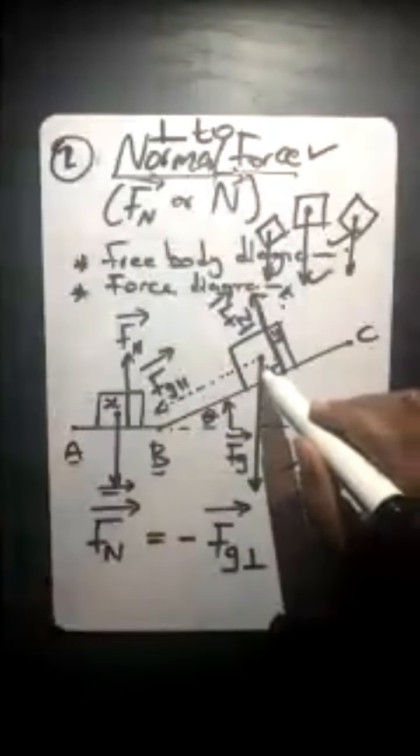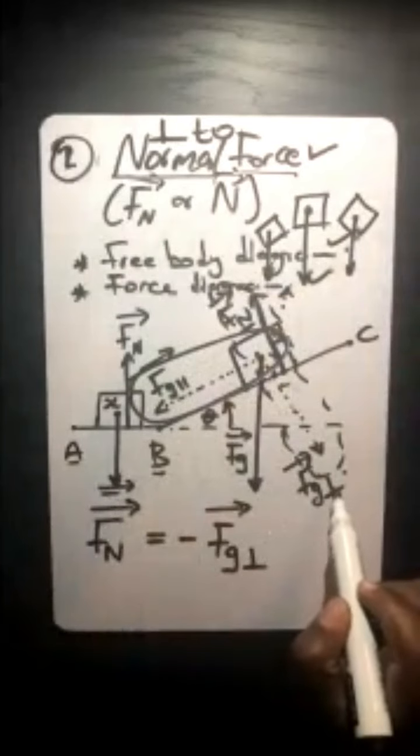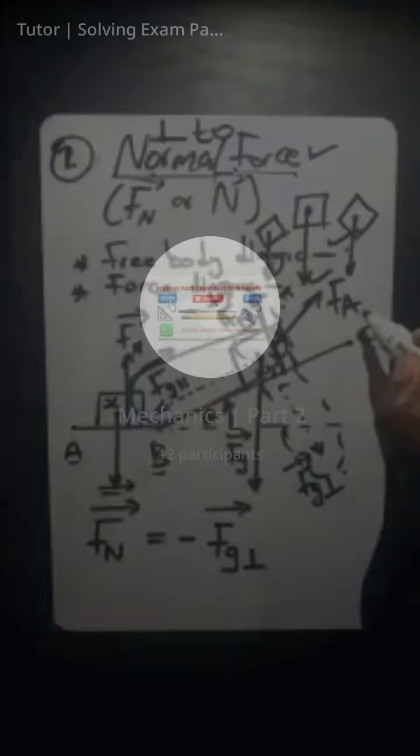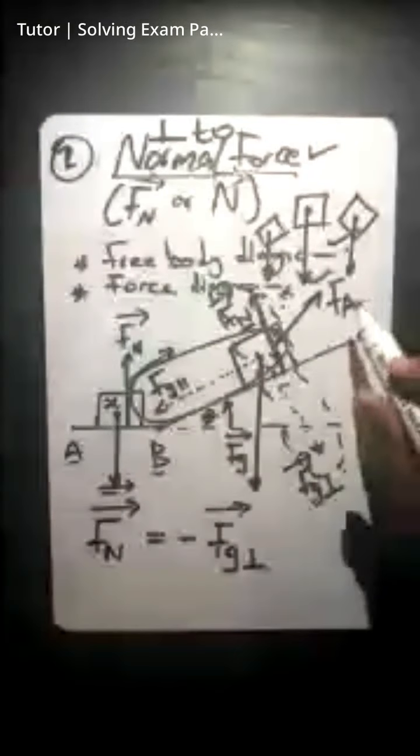This is the component of the force of gravity that cancels with the normal force. And this other component is not being cancelled by anything. That is the reason why an object on an incline is most likely to slide in the downwards direction, unless there was maybe an applied force in that direction.